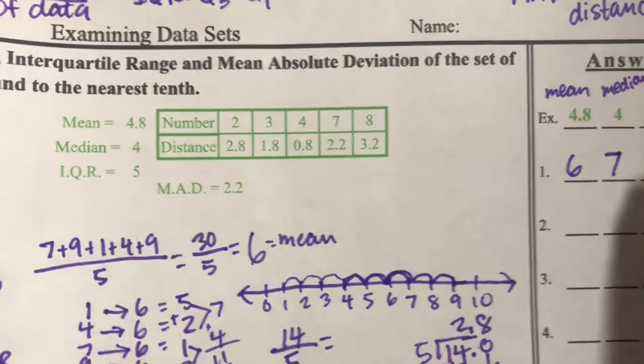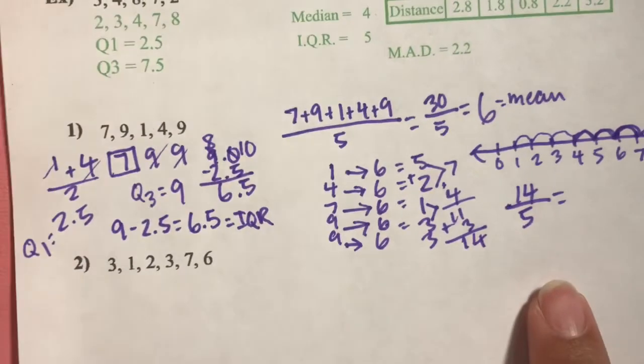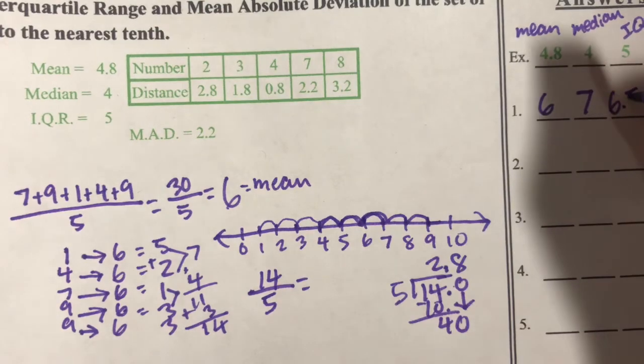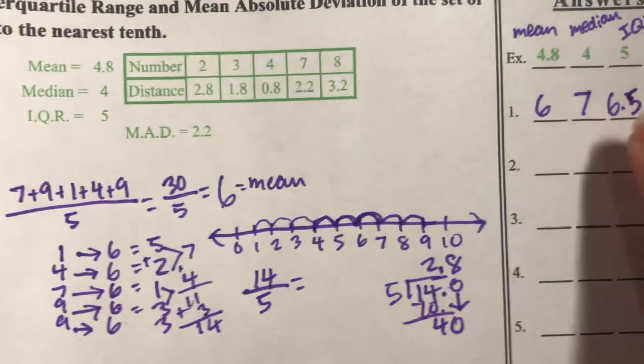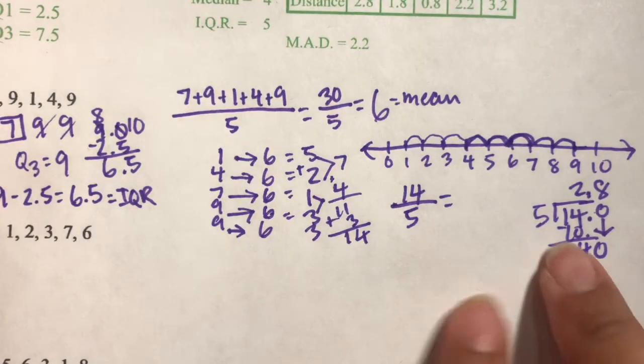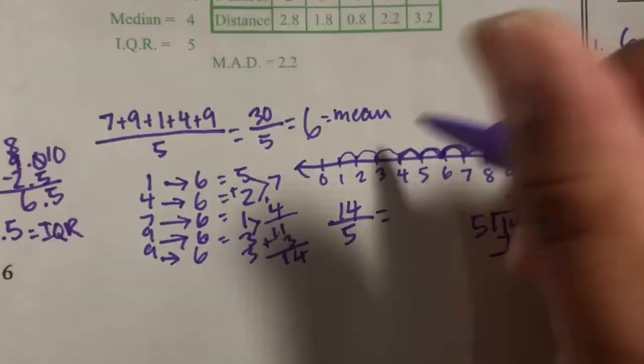Our median, let's check again, is 7. Our IQR is 6.5, or 6 5/10. There you go. And then our MAD, or our mean absolute deviation, is 2 8/10.